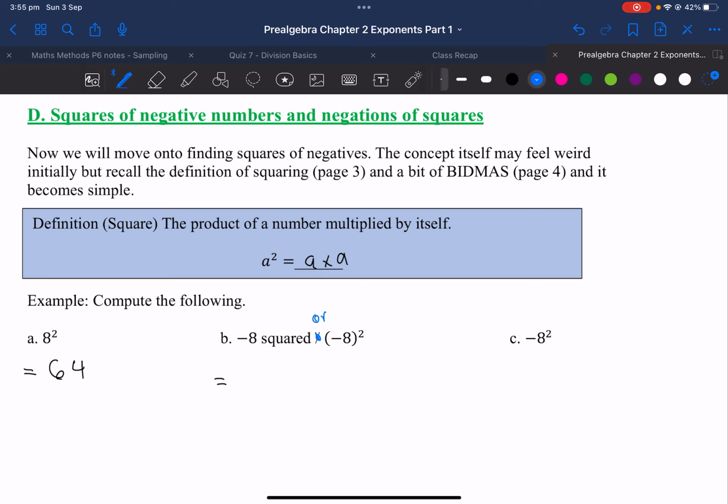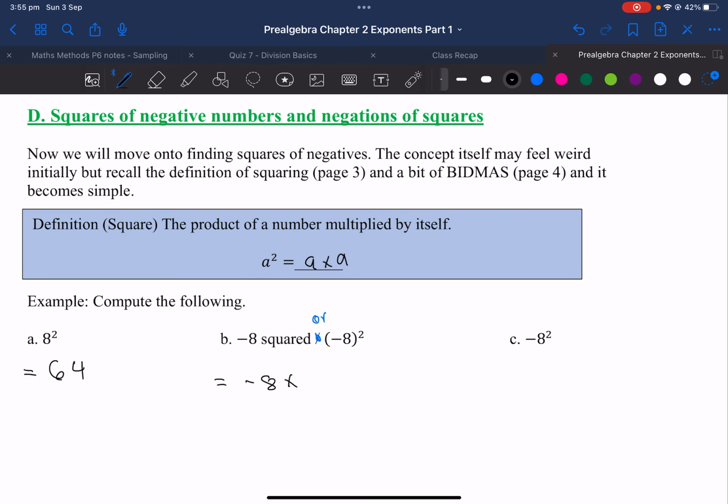Negative 64. Okay, so that's a very common misconception. But what's the definition of a square again? Negative 8 squared would be negative 8 times by what? A number multiplied by itself. So negative 8 times negative 8.